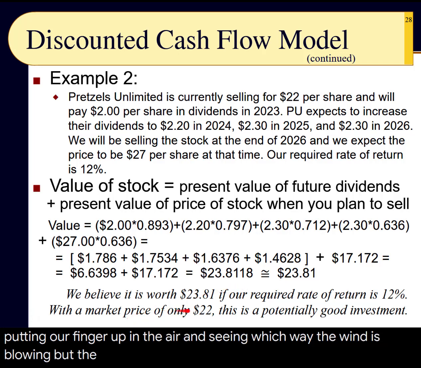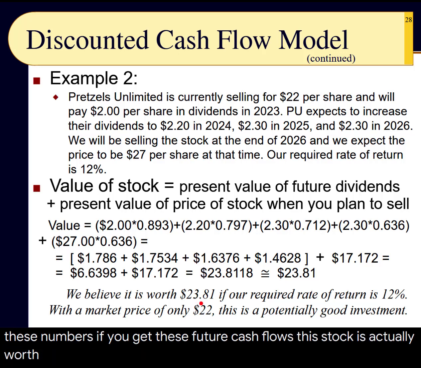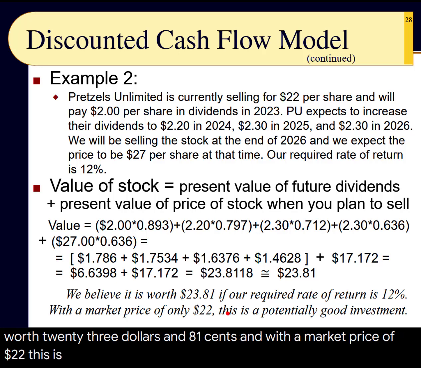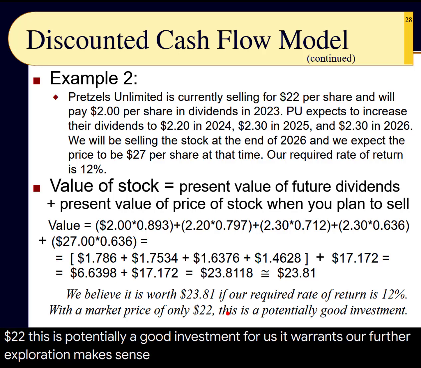But the model is saying, you know what? We think if you get these future cash flows, this stock is actually worth $23.81. And with a market price of $22, this is potentially a good investment for us. It warrants our further exploration. Make sense? I think so.